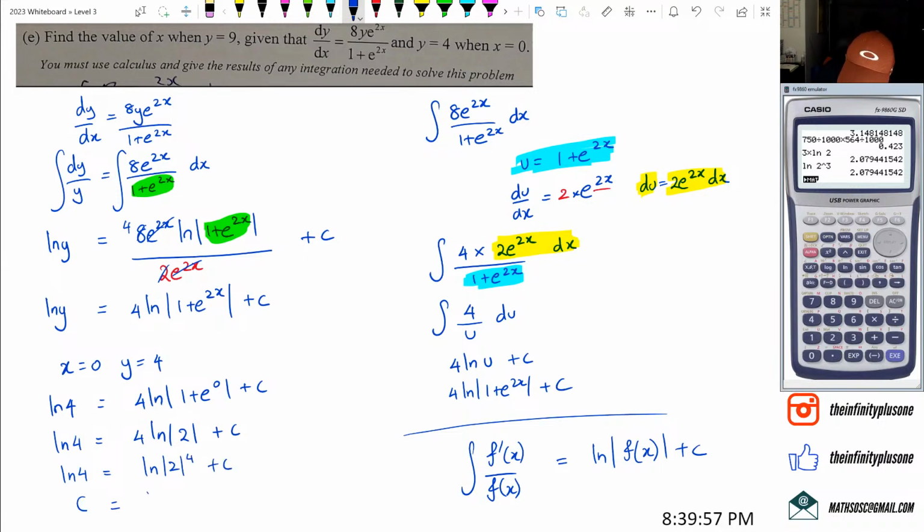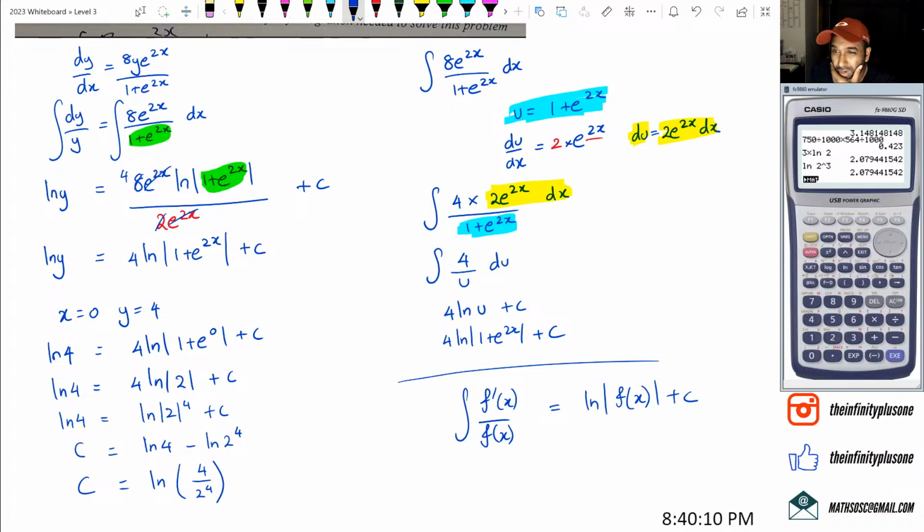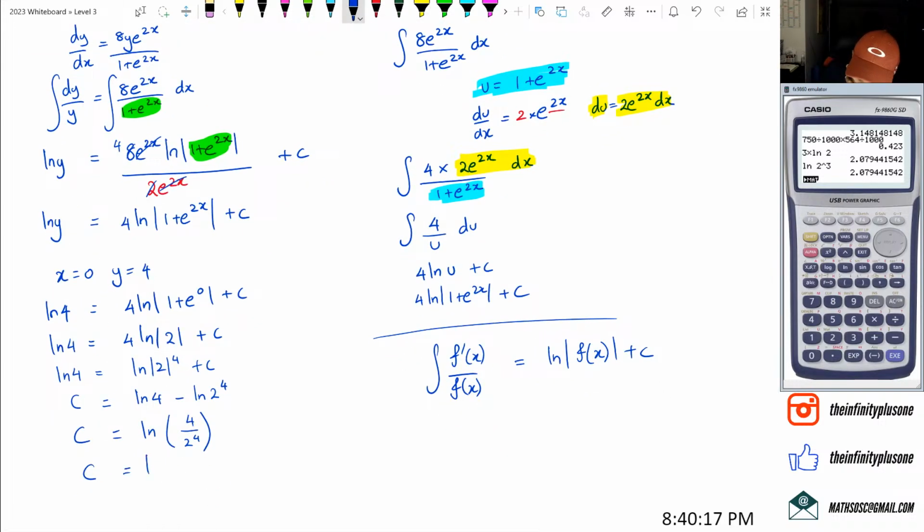So c is equal to ln of 4 minus ln of 2 to the power of 4, which we can say is c equal to ln of 4 divided by 2 to the power of 4. 2 to the power of 4 is 16, so it's 4 over 16, which is 1 over 16. So c is equal to ln of 1 over 16.